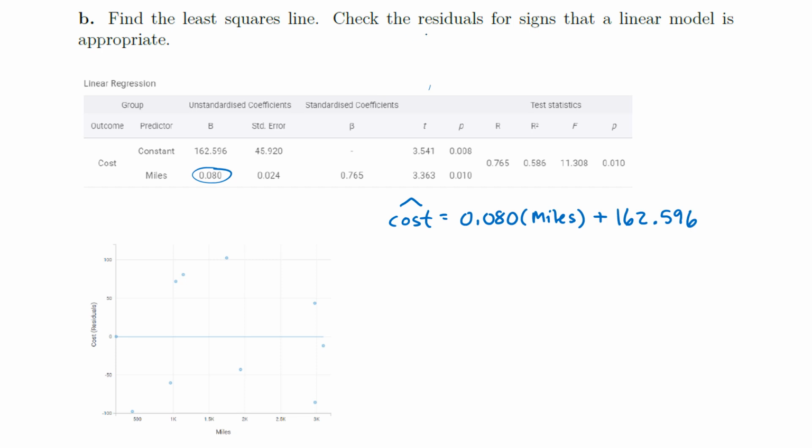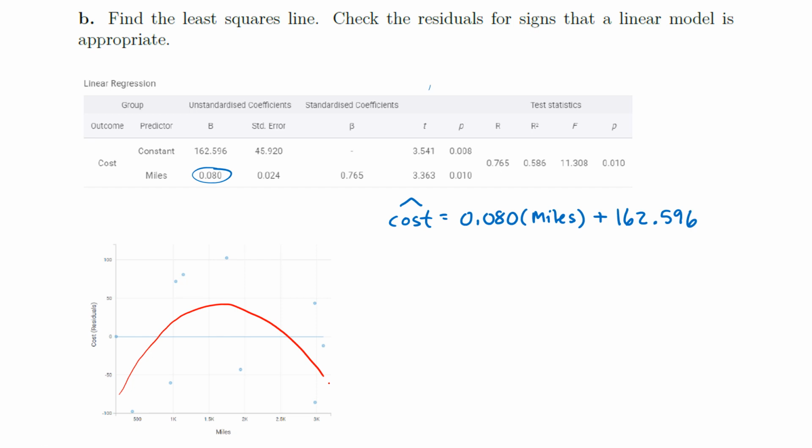Now this other part that says check the residuals for signs that a linear model is appropriate. Remember, the main thing we're looking for is, is there random scattering in the residual plot, or is there kind of a pattern? Well, if you look, this one kind of looks like maybe there's sort of a pattern there. And so what does that mean again?